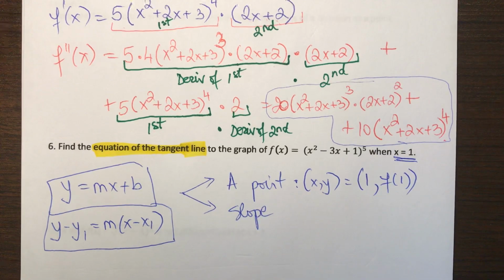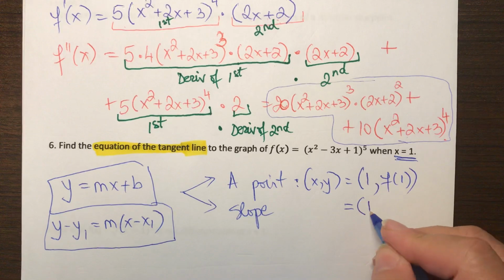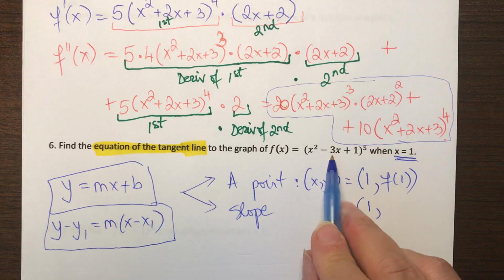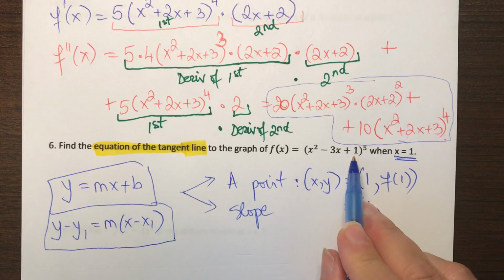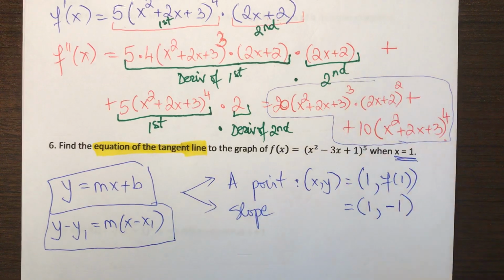Plug the x into the function. So f of 1 is going to be 1 squared minus 3, which is negative 2. Negative 2 plus 1 is negative 1, and negative 1 to the 5th power is negative 1. So we have the point.